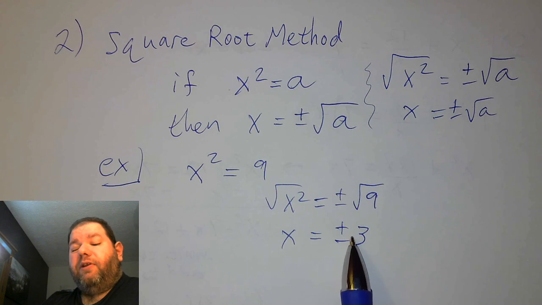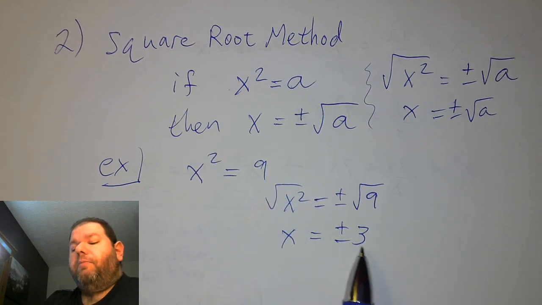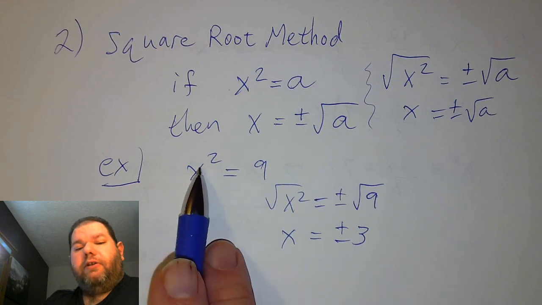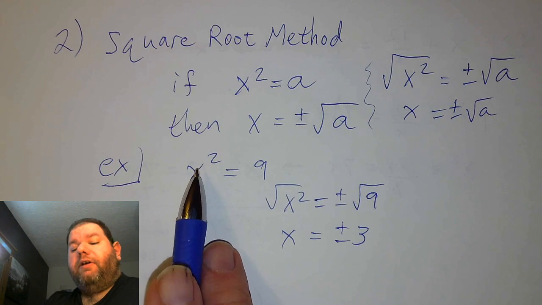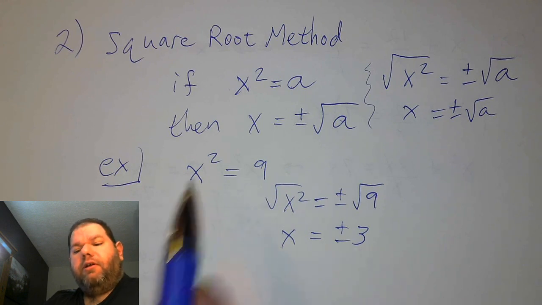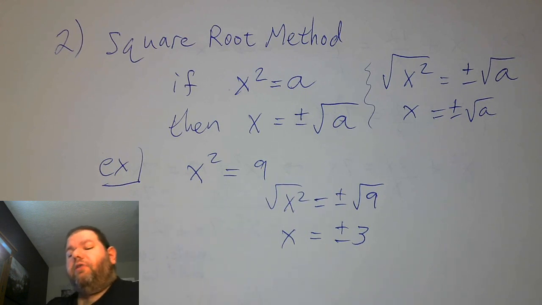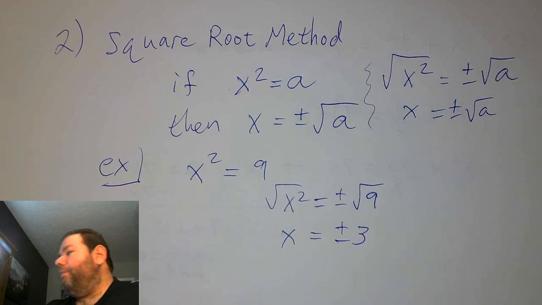And that's because if we take a positive 3 and square it, we get 9, of course. But if we take a negative 3 and square that number, when we square a number, that means we're multiplying it by itself. So positive 3 times positive 3 is 9, and negative 3 times negative 3 is also 9. So really, we need both of these answers because both of those are valid right here.